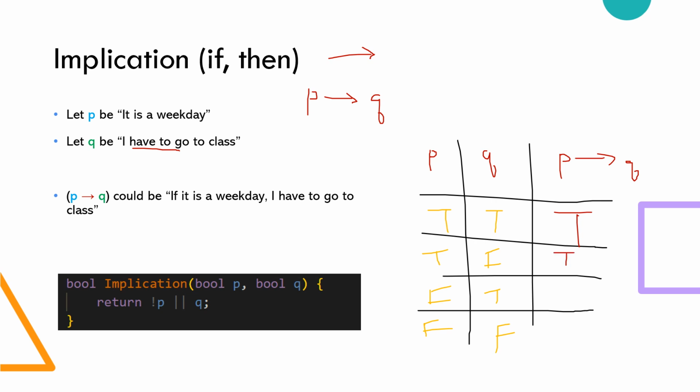Now this one, if P is false and Q is true, it is not a weekday, so I have to go to class. This is actually false. And the last one, where P and Q are false: if it is not a weekday, I don't have to go to class. Well, that is true.